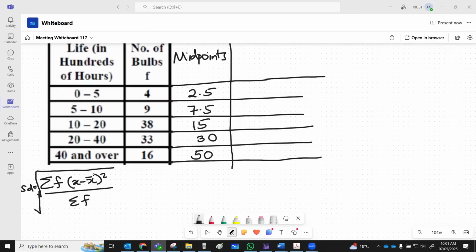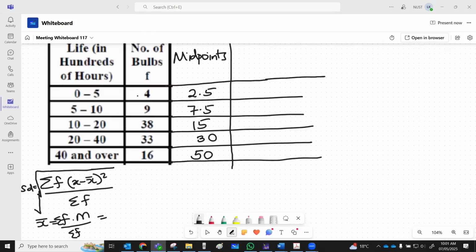Okay, so we just need to work out our x bar. For grouped data, we take our midpoints multiplied by the frequency, so this is the frequency multiplied by the midpoint, and then we add them all together and divide by the total frequency.